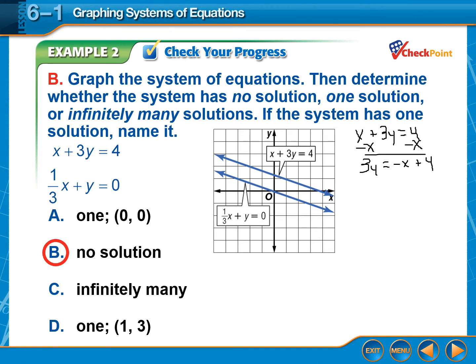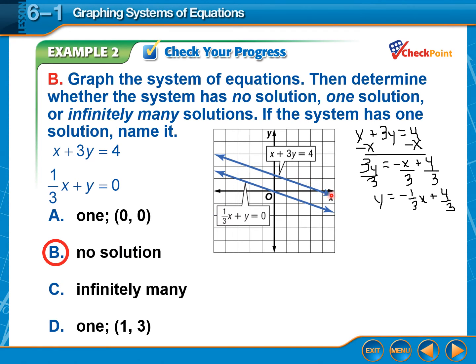And then to figure out what y is, I divide by 3. So I've divided both of the values on the other side by 3 also. So my equation is that y equals negative 1/3 x plus 4/3. So this first equation is y equals negative 1/3 x plus 4 over 3, which is right here on the top.